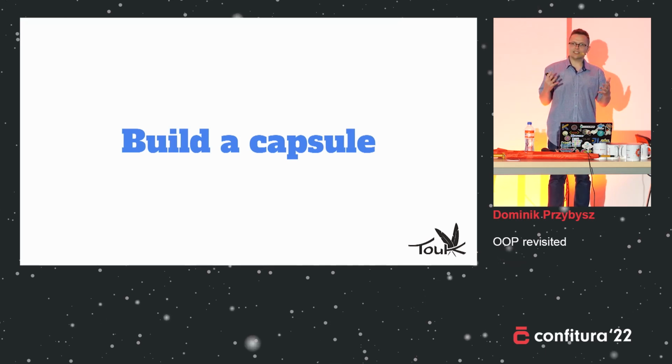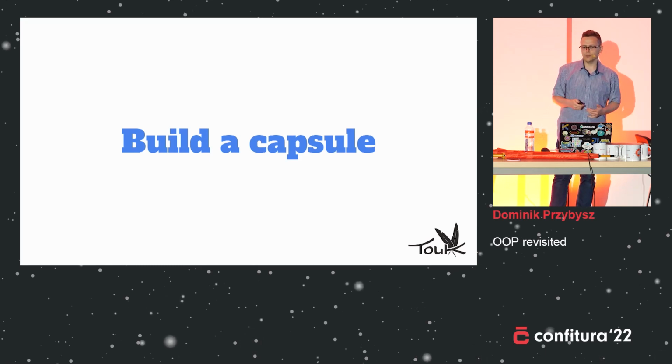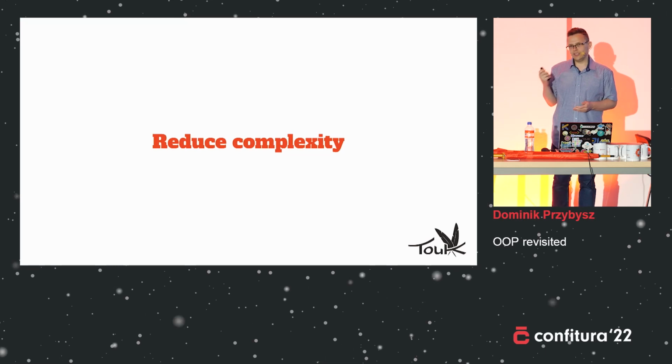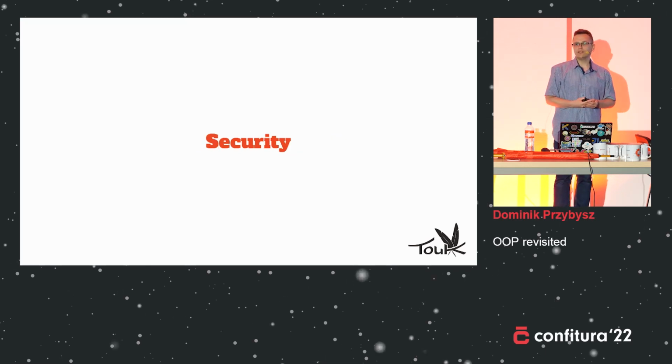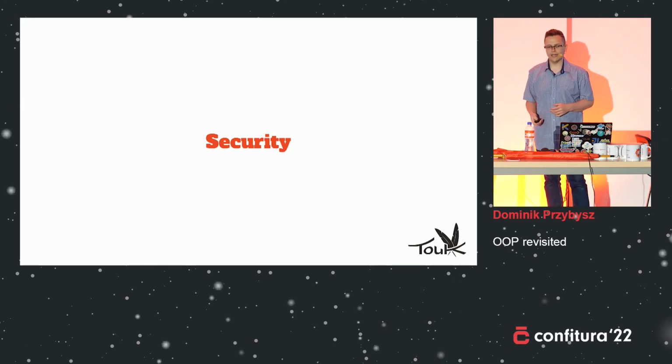When we create such a capsule and have something inside and outside of it, we are heavily reducing the complexity of our objects. Additionally, we have security because we are protecting everything that we have inside from everything that is outside. And the other way around, everything outside is also protected from the things inside.